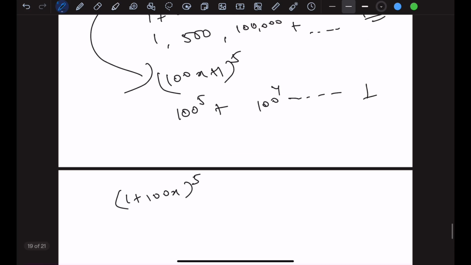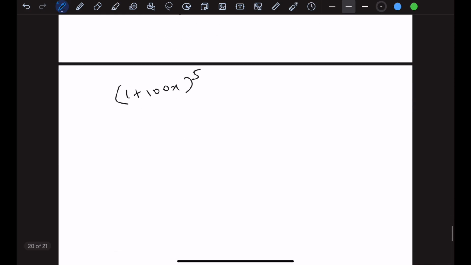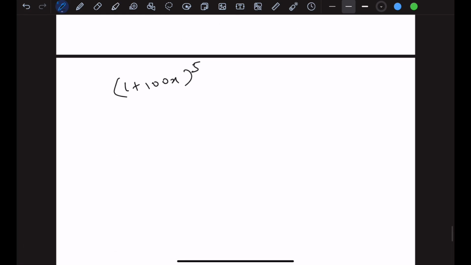What if this 100 is not 100 but some fraction less than 1, like 1 plus 2 by 3 x to the power 5? If we try to expand this, the coefficient will first increase or decrease depending on how we rearrange it.